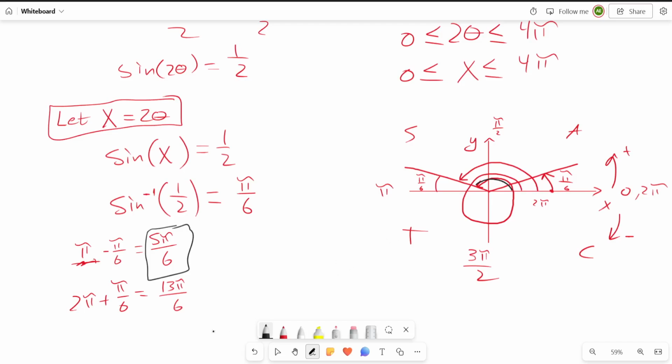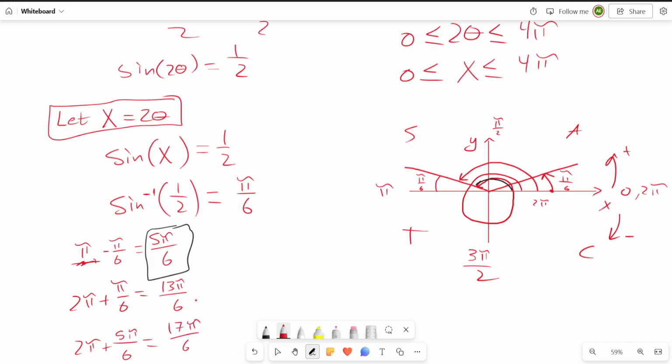So my answer is going to be a full complete rotation, which is 2 pi, plus this extra angle, which is 5 pi over 6. This is going to give me an answer of 17 pi over 6.